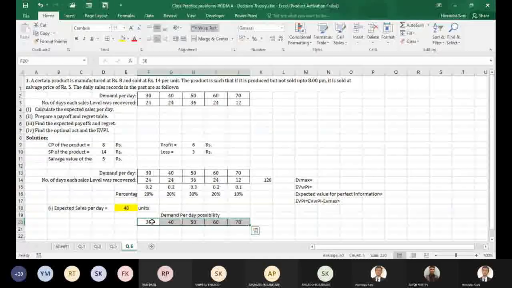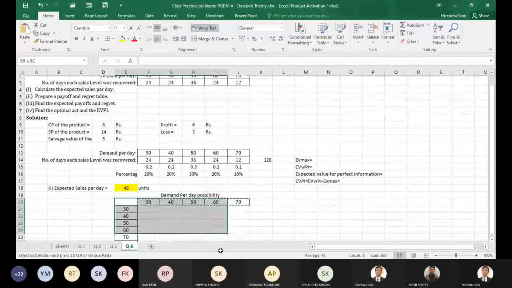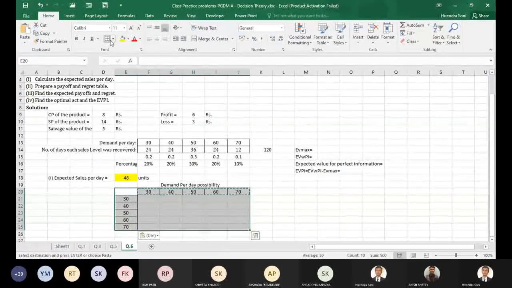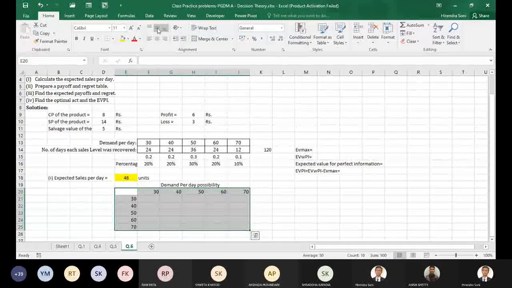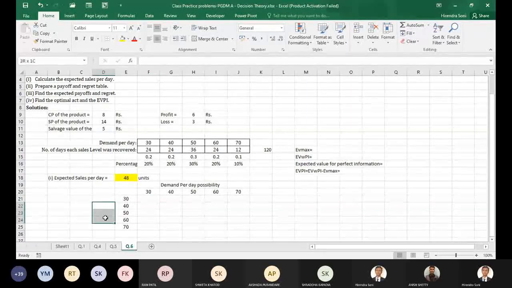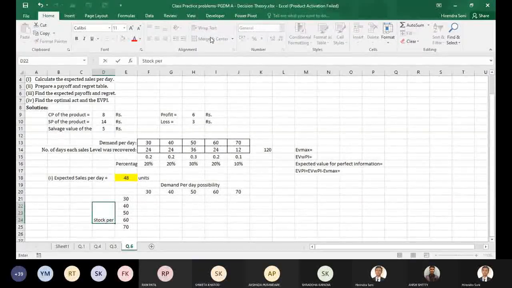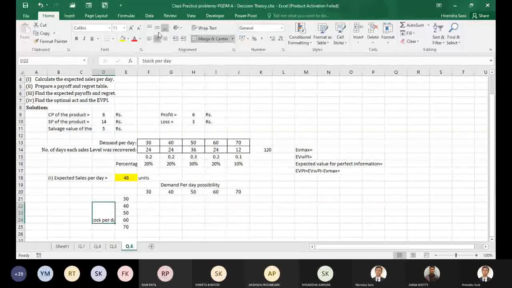And how much is to be stocked? Correct, na? Either I will stock 30 units, 40 units, 50, 60, or 70, correct? Yes, sir. हाँ, stock per day. Fine.